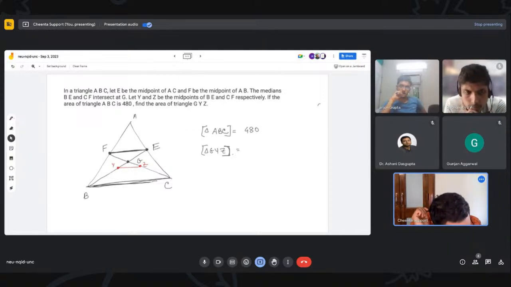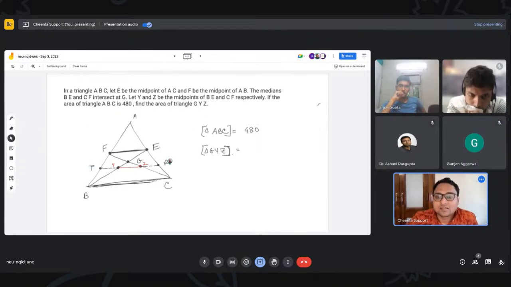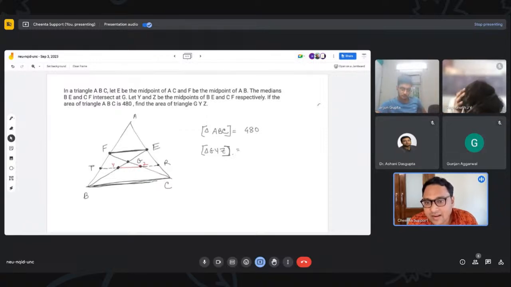Y hits the midpoint. So if I extend YZ, let's call this T and let's call this R. So what can we say about TYZR? I think this one will be parallel to BC as well, isn't it?